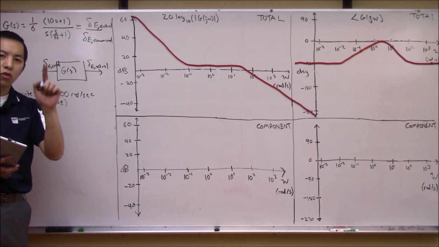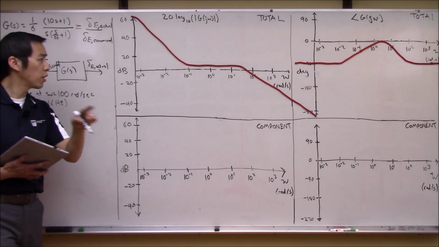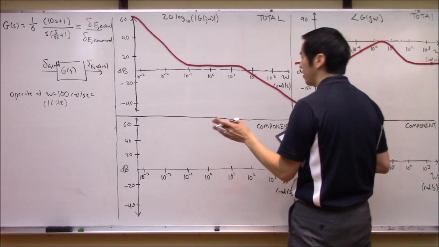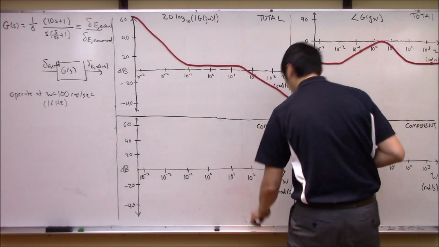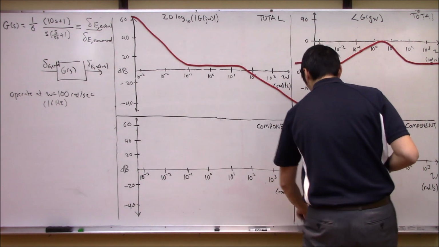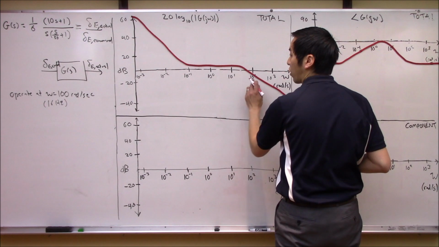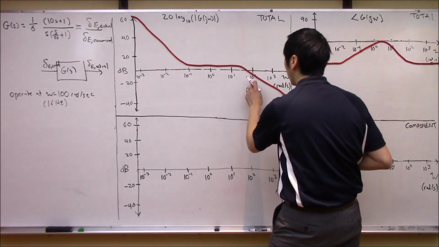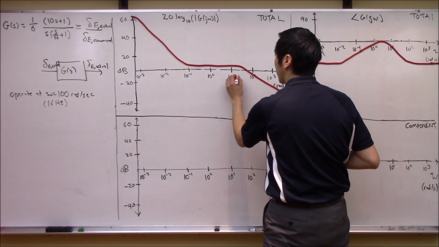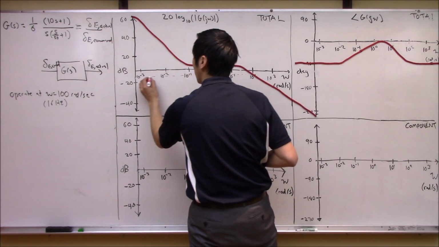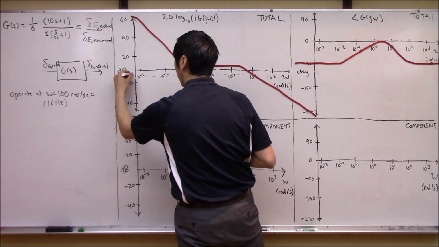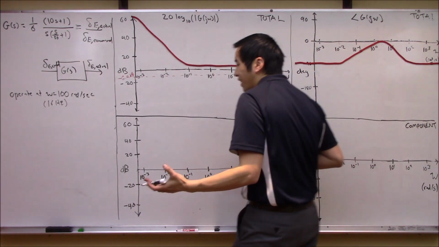But now you saw in the MATLAB script, and we can read it off our plot here, where that point is. The input of 100 radians per second, which is 16 hertz, is right here. But we see that the Bode plot at that point is about minus 6.4 decibels. So what does that mean?